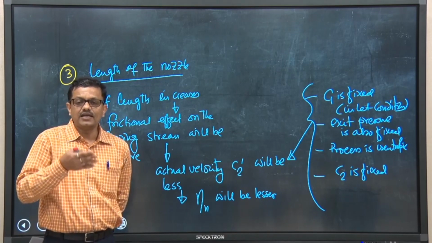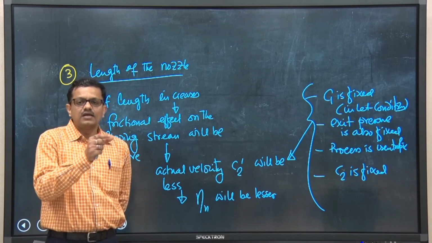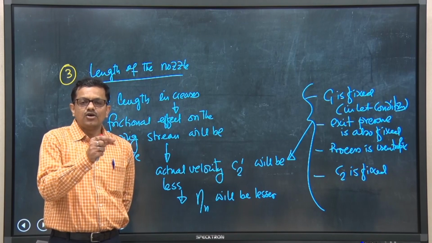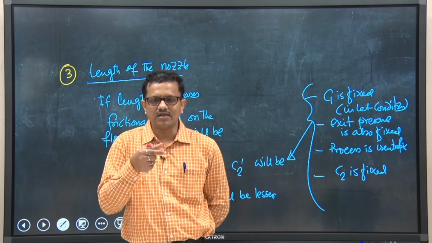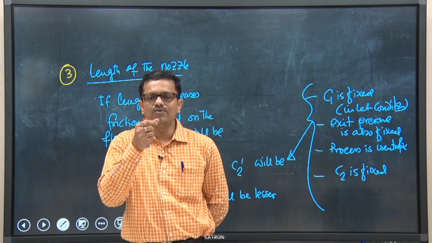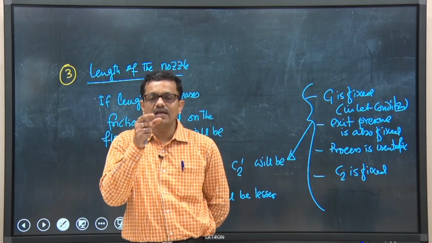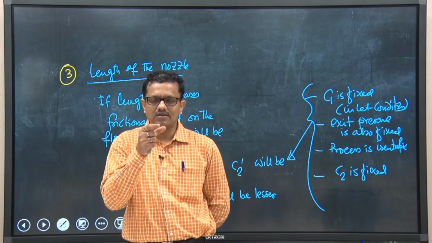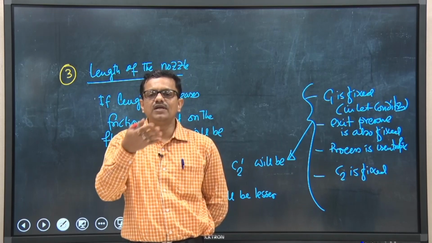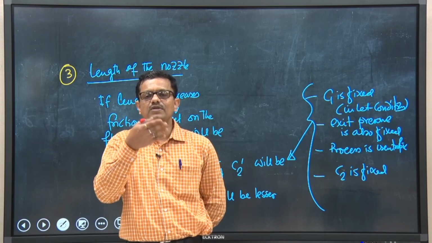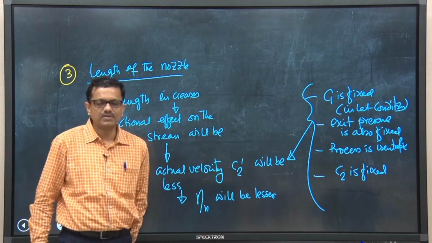Nozzle efficiency is directly related to the heat drop. So we could relate the gain in kinetic energy to the heat drop using the steady flow energy equation. The frictional heating will increase the fluid temperature, so the actual heat drop in real applications will be less. So higher the frictional resistance, lesser will be the heat drop. If lesser is the heat drop, nozzle efficiency will be less. So this is what we could identify and we have discussed.